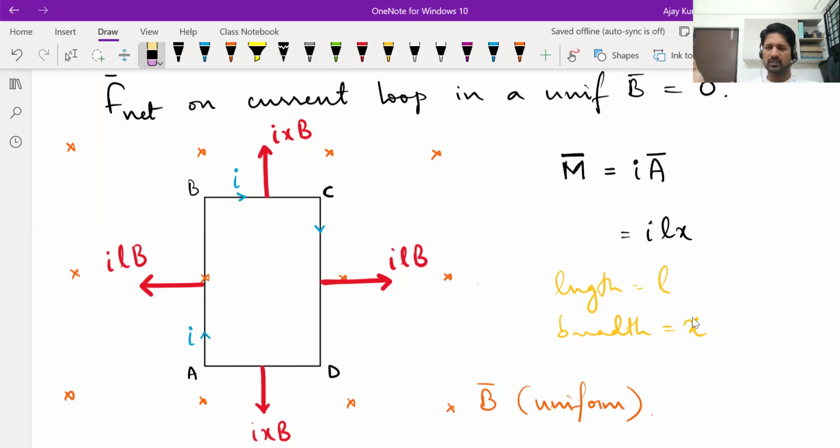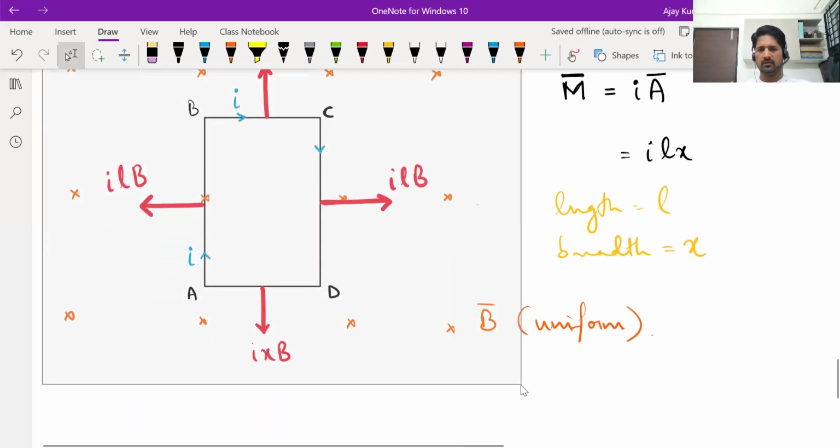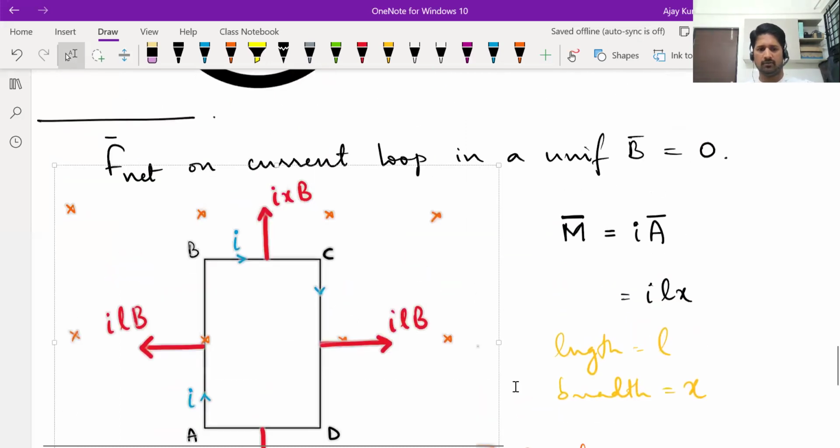Whatever force is acting to the left, the same force is acting to the right. Whatever force is acting upward, the same force is acting downward. Net force is 0. But since their lines of action are the same, their torques also cancel. Upward force, downward force, torques cancel. Rightward force, leftward force, torques cancel. So in this position, the net torque on this rectangular loop is 0.